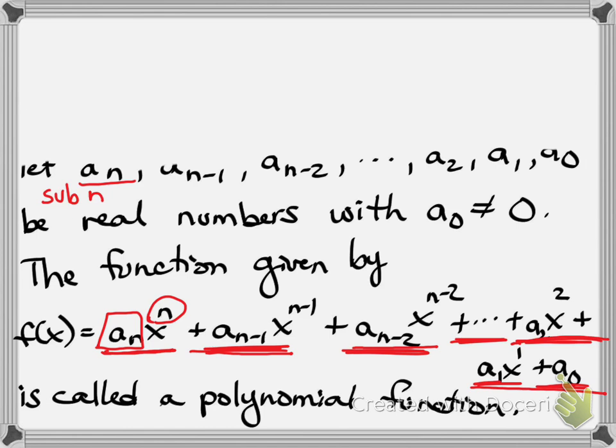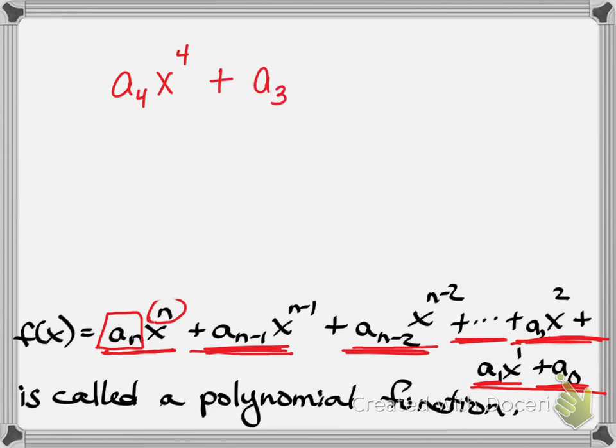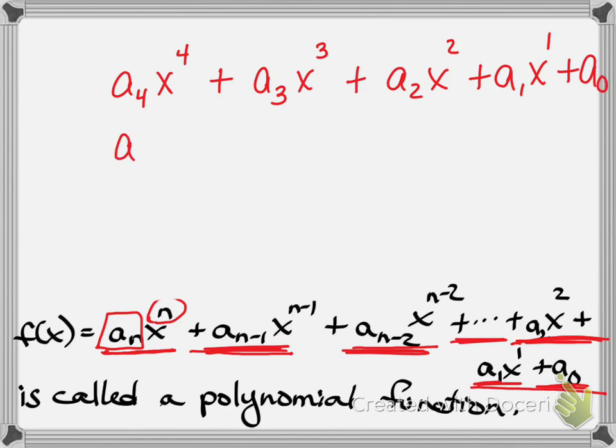But if I pick up with you, let's do a sub 4 x to the 4, and then a sub 3 x to the 3, and then a sub 2 x to the 2, and a sub 1 x to the 1, and then a sub 0. So this is my n, because it's the highest power.